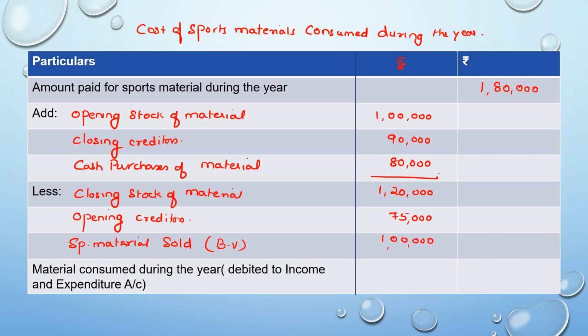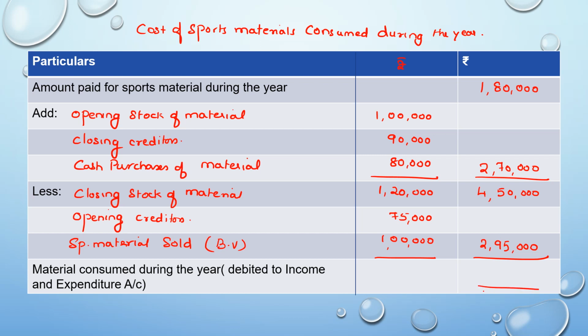Now we'll do the calculation. We add these three amounts. 1 lakh plus 90 plus 80 comes to 2 lakh 70,000. So add it up here. So the total of this is 4 lakh 50,000. Now we'll add up the subtract items. So when we add these up, you get 2 lakh 95,000 as the subtract item total.